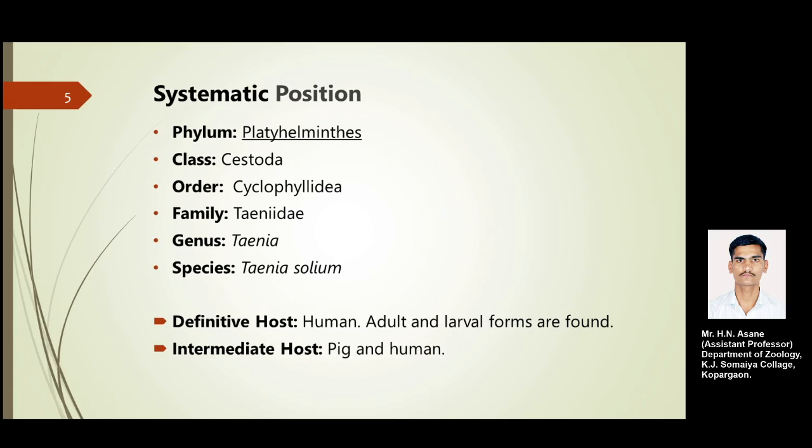The systematic position of this parasite: phylum Platyhelminthes, class Cestoda, subclass Eucestoda, order Cyclophyllidea, family Taeniidae, genus Taenia, and species solium, or saginata, the beef tapeworm.